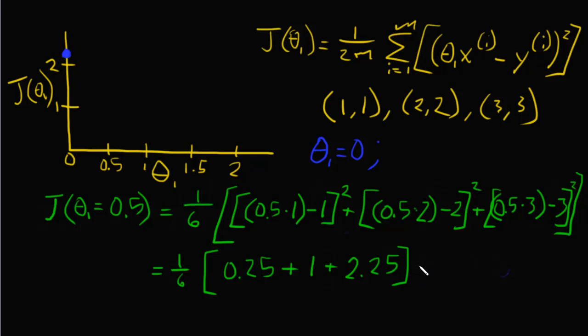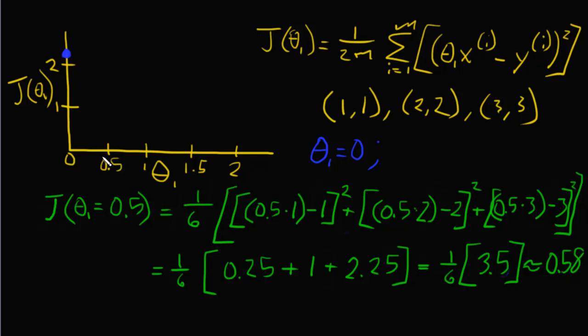Okay? That is 1 over 6 times, let's see, that's going to be 0.25, and 2.25 is 2.5, plus 1 is 3.5. So 3.5. And this is approximately 0.58.